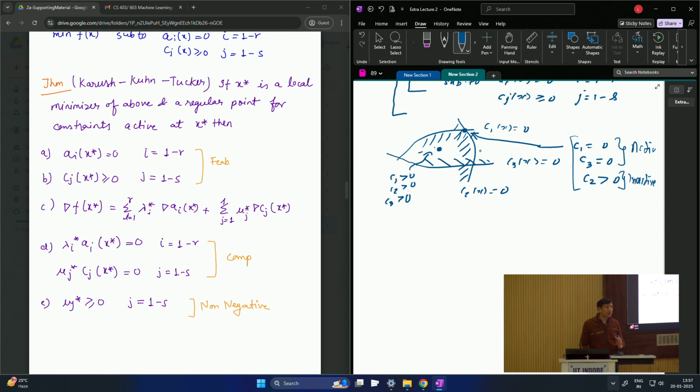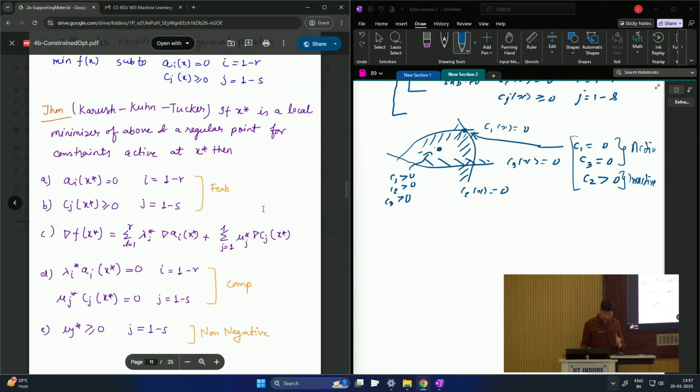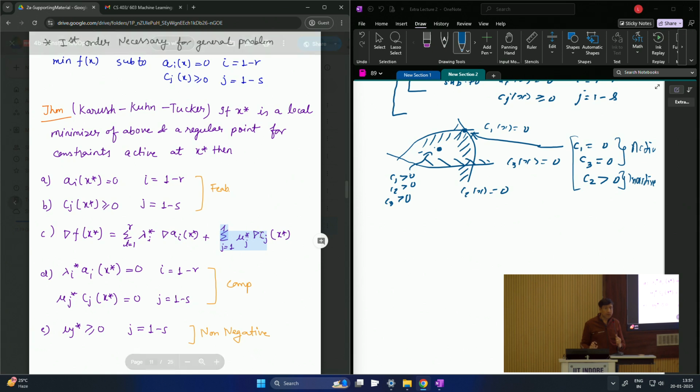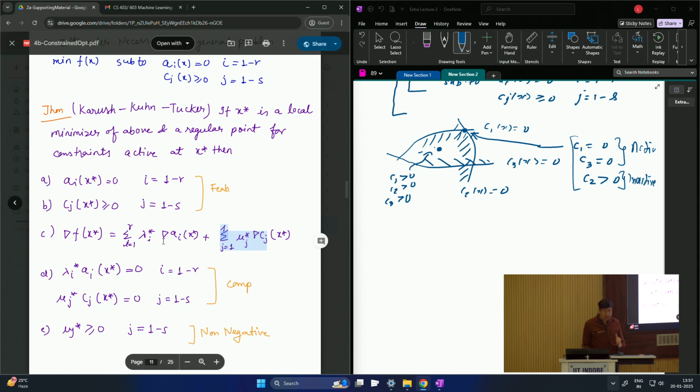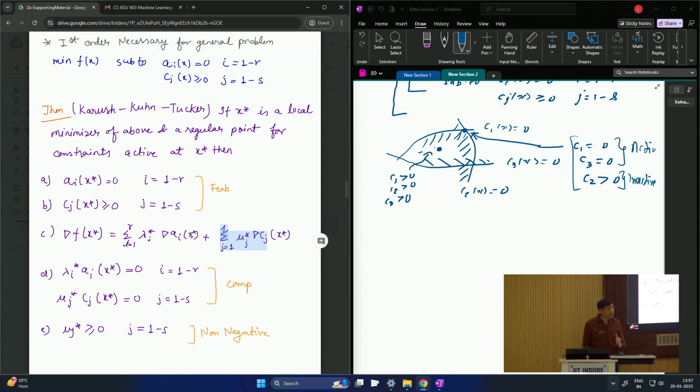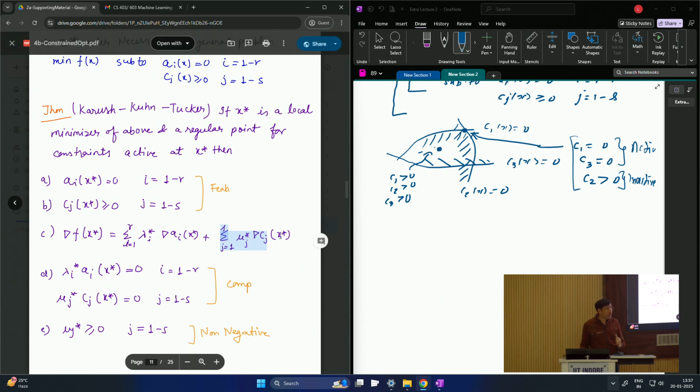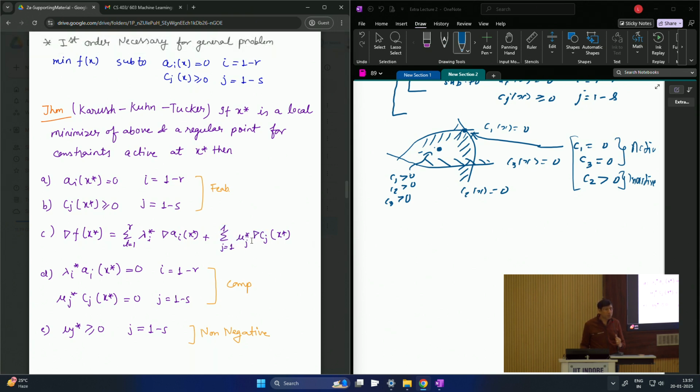What is the C condition? C condition, we call it the Lagrange multiplier condition. If you recall the case of only the equality constraint, then this term was not there. Correct? It was only gradient of the function as a linear combination of gradients of the constraints. But now you've got inequality constraints as well, so we're going to add those in this equation as well. And we'll add a different Lagrange multiplier, which we'll call mu, just to separate the equality constraints' Lagrange multiplier and the inequality constraints' Lagrange multiplier.